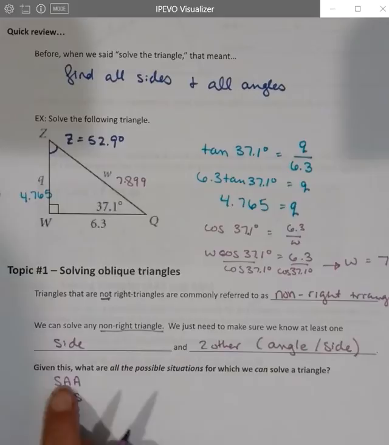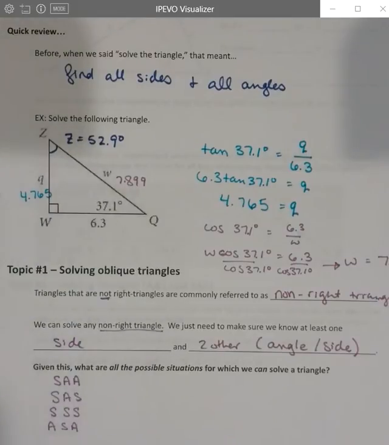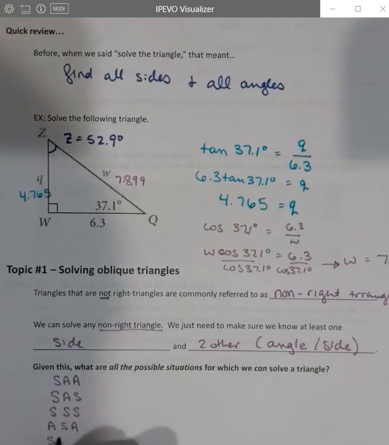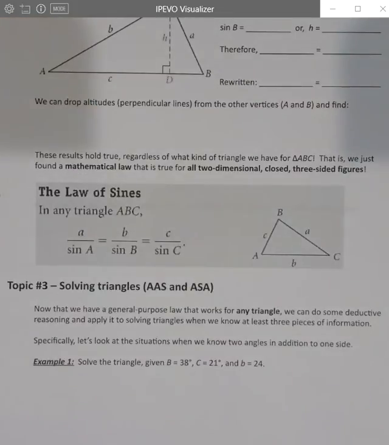So this angle is between that side and that angle. I could rearrange this and put the side I know in the middle, so we could do an angle, side, angle as well. And I think that is all of the possibilities besides side, side, angle. These are just a couple of possibilities, but I need to know at least one side and then two other things, whether they're angles or sides.